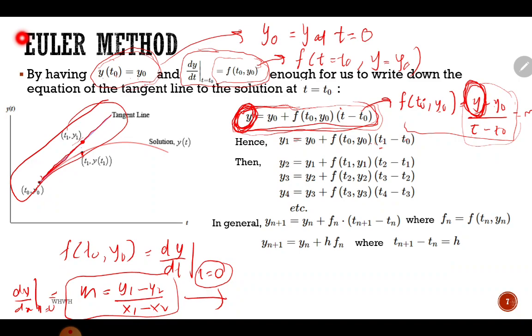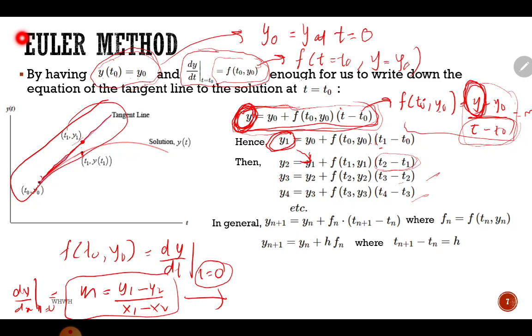And then for y2, we use the value of y1 and put it into the next equation, so it equals y1 plus f(t1, y1) times (t2 minus t1). This is actually where it comes from. And y3 is the same as this, y4 the same as this.